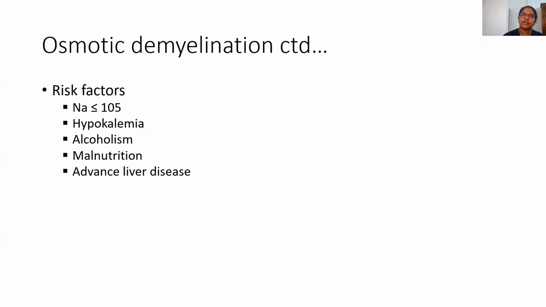Or if the patient has concomitant hypokalemia, chronic alcoholism, malnutrition, or advanced liver disease, all of these can predispose to osmotic demyelination. So you have to be very careful, go slow, and monitor your serum electrolytes frequently.